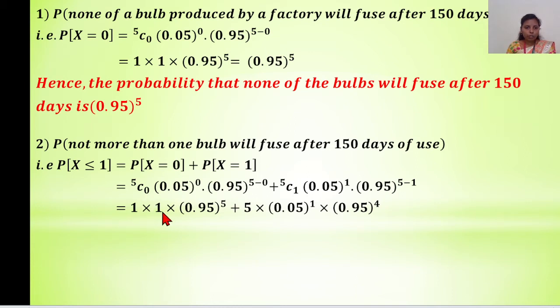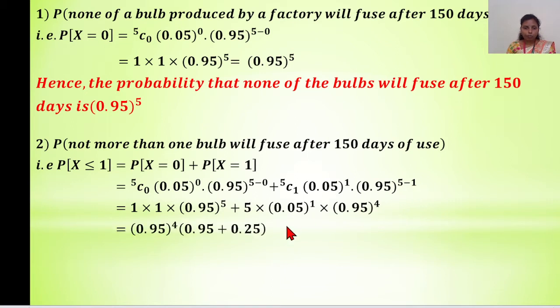Therefore 1 into 1 into 0.95 raised to 5 minus 0, which is 5, plus 5C1, which we can get by the formula of combination. Here the value of 5C1 is 5 into 0.05 raised to 1 into 0.95 raised to 5 minus 1.